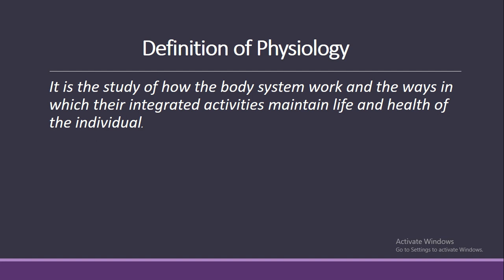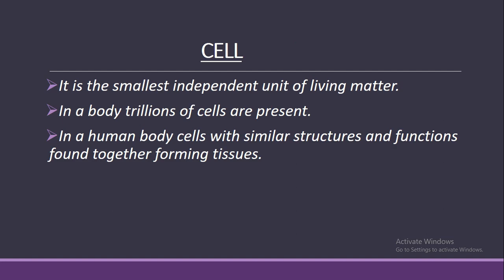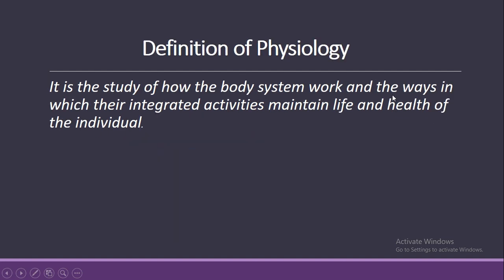And next is the ways in which their integrated activities maintain the life and health of the individual. So by taking the activities of the heart, how it is maintaining the life and health of the individual. For a healthy person, how it is functioning.